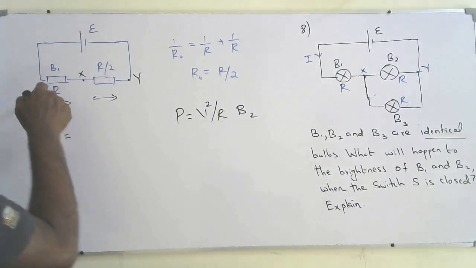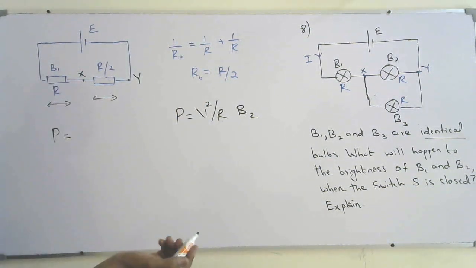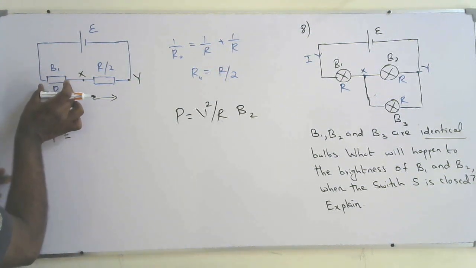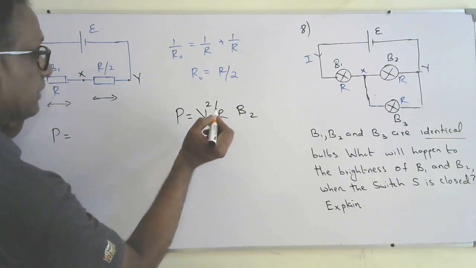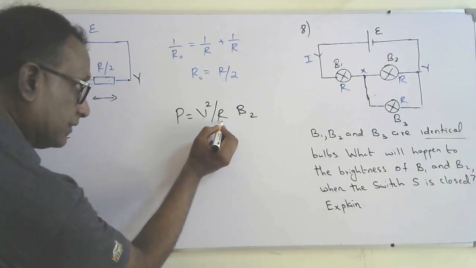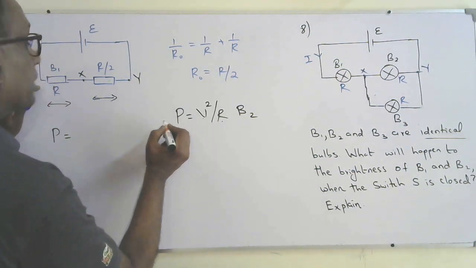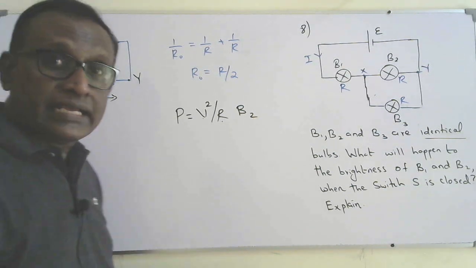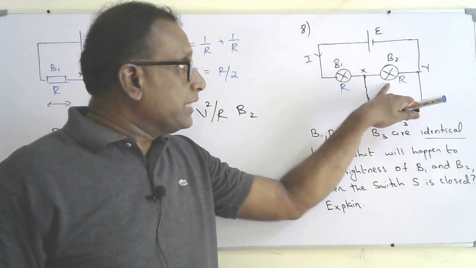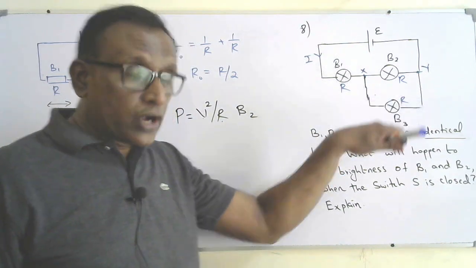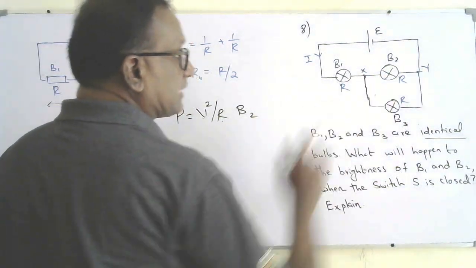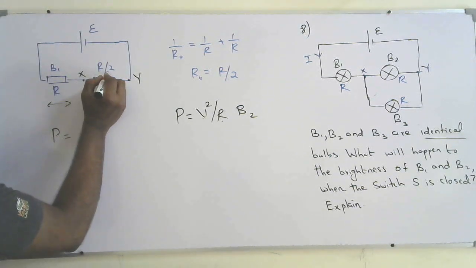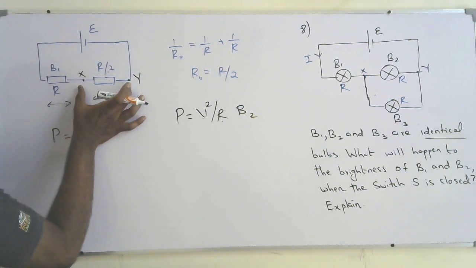Here, the brightness of B1 will increase. In terms of resistance also, the voltage across B1 is increasing and the resistance of B1 is remaining the same, so the brightness of B1 will increase. What will happen to B2? The voltage across B2 is dropping because the equivalent resistance across the junction XY has become R by 2, so the voltage across the junction will decrease.